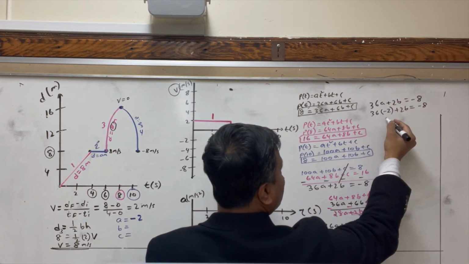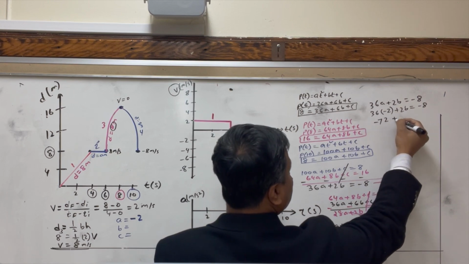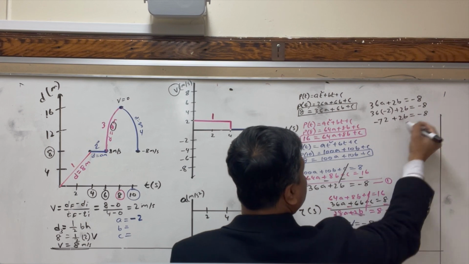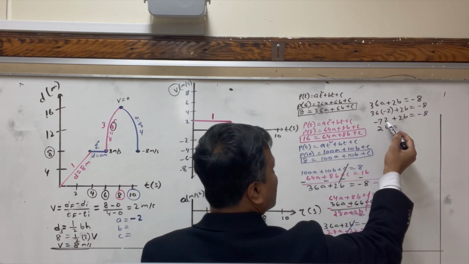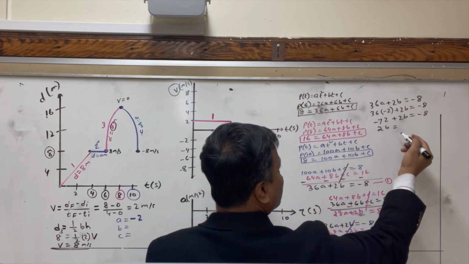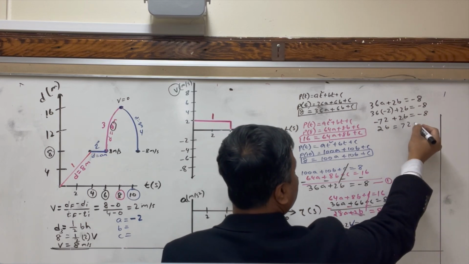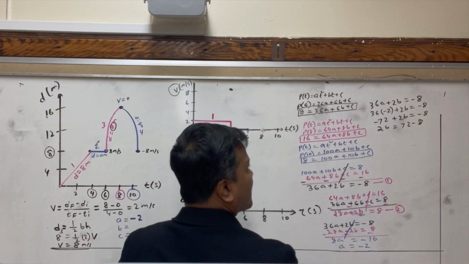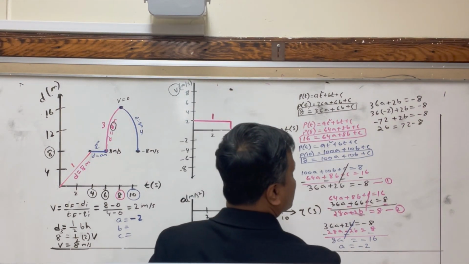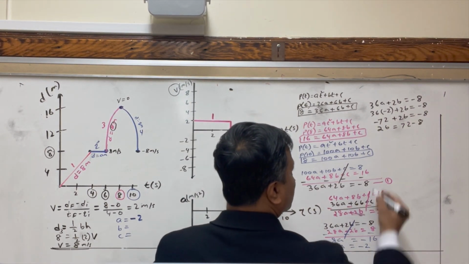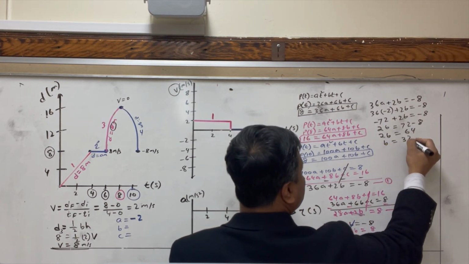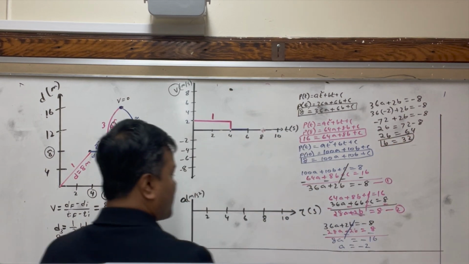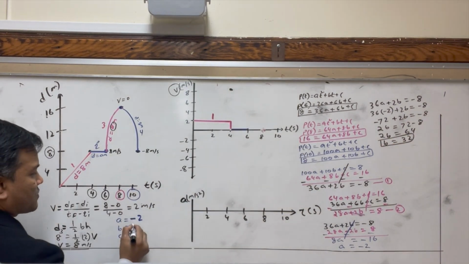So negative 72 plus 2b is equal to negative 8. So 2b is actually equal to 72, I'm going to move it over there, 72 minus 8. Okay, so this becomes 64, right? 2b is equal to 64. B is equal to 32. All right, now we found the b. B is equal to 32.